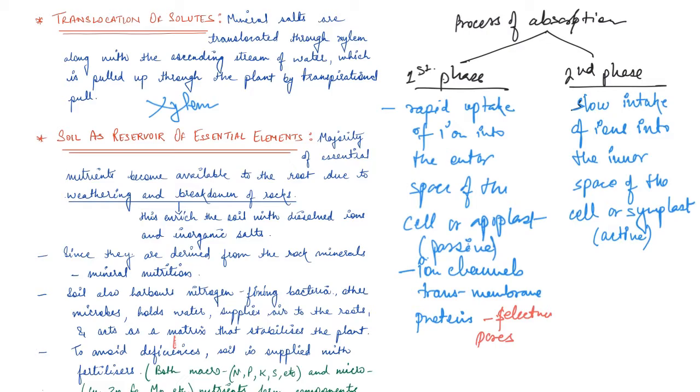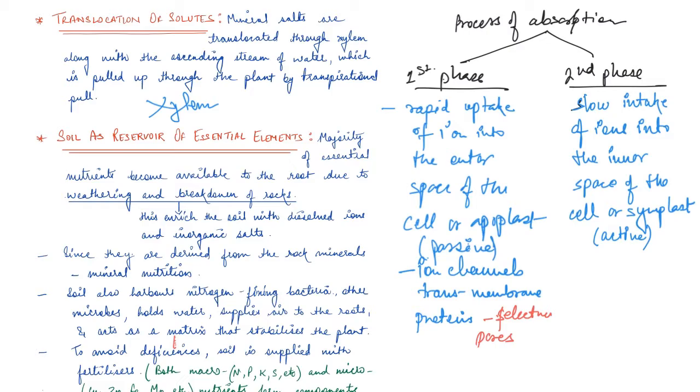Now we consider soil. So now we know that water and minerals both are being absorbed from the soil itself. So we consider soil as a reservoir of essential elements, right? And basically, why do we say that?